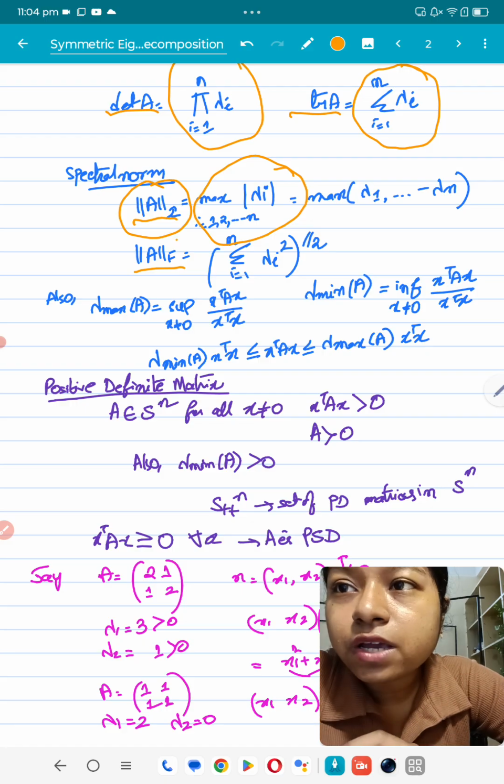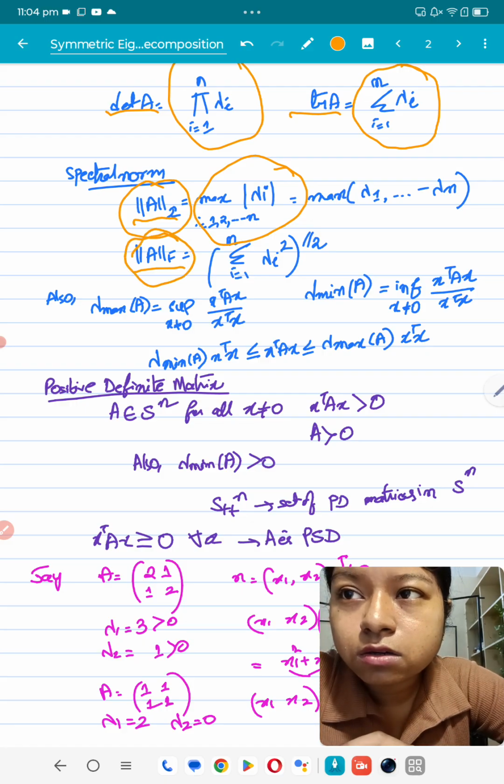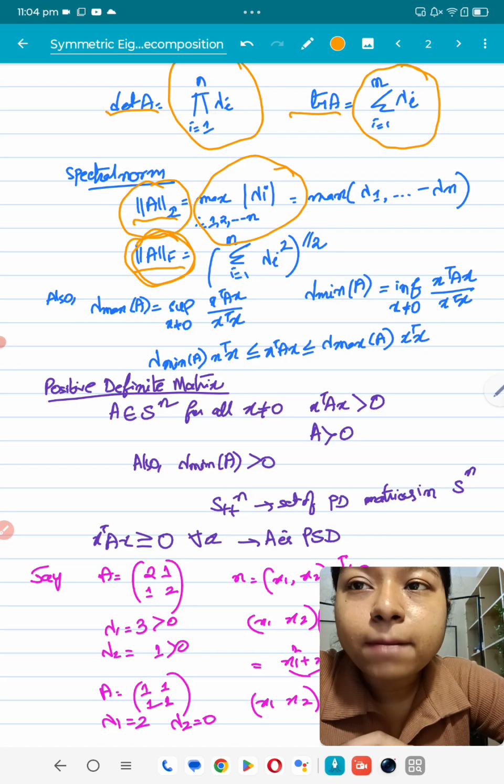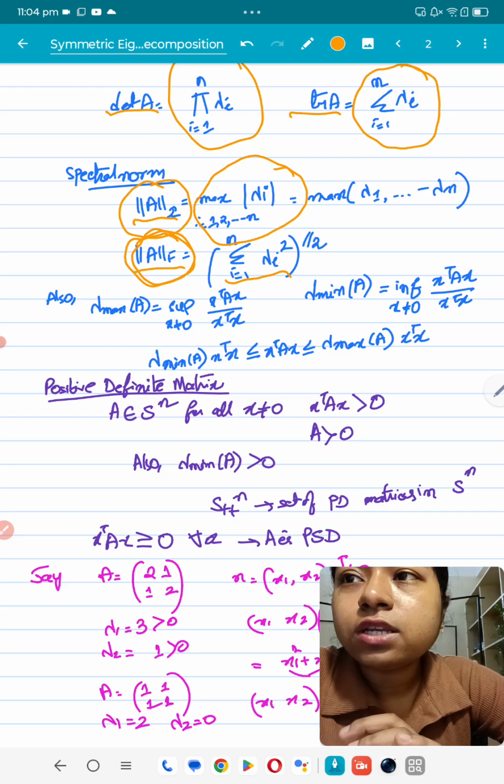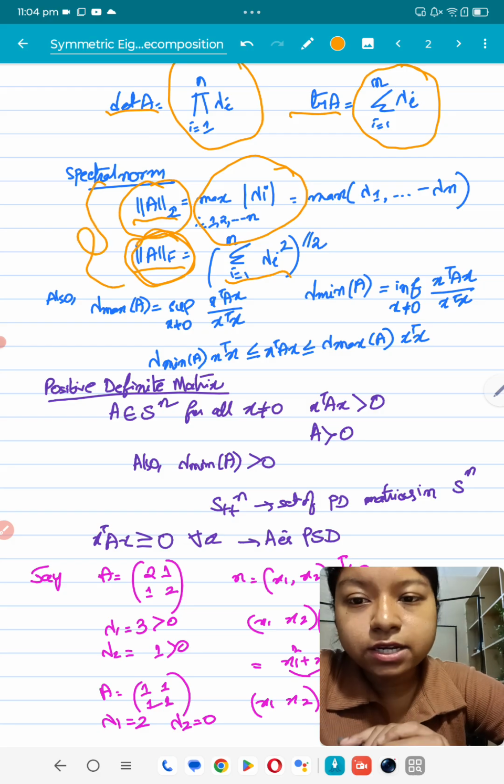And second, we can find the Frobenius norm of A by taking the square root of the sum of squares of the eigenvalues. So these two are the properties.